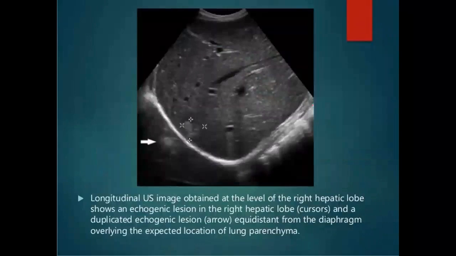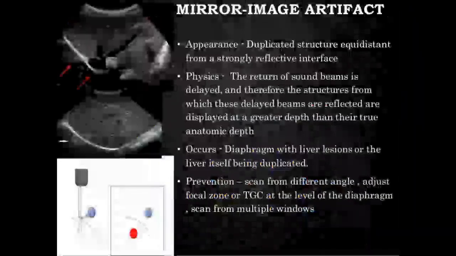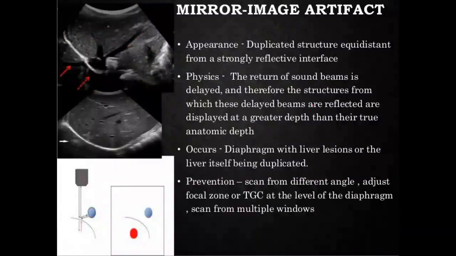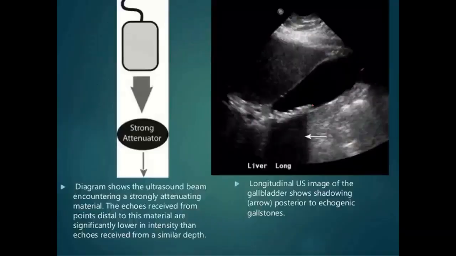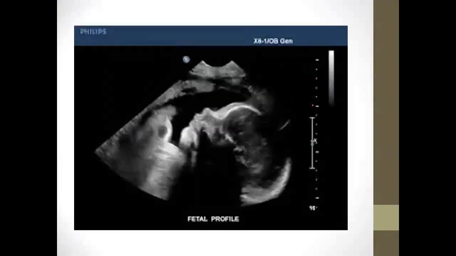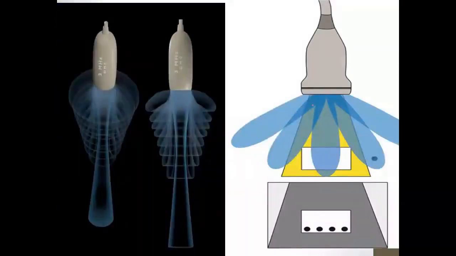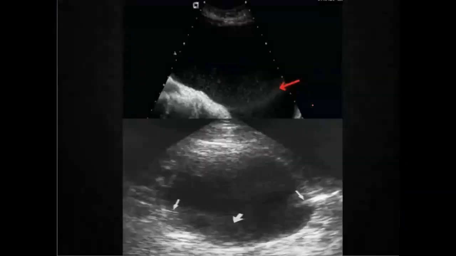Mirror image artifacts: we will talk, God willing, about artifacts next time and tomorrow. We will also discuss, of course, acoustic enhancement and acoustic shadowing, which are very well known, and their role in diagnosis, as well as grating lobes and side lobes.